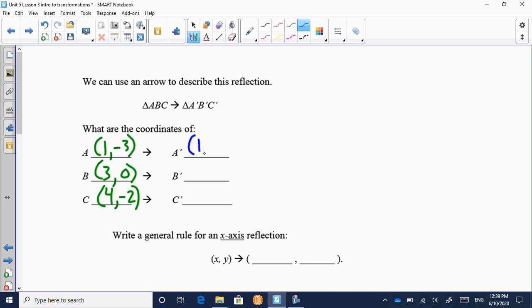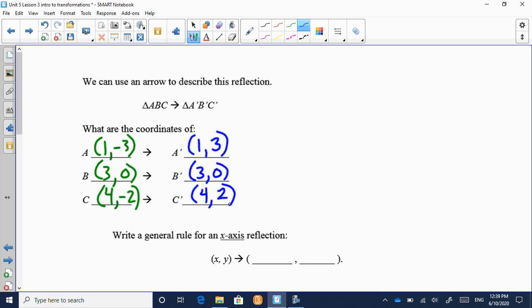It stays along the same x value, but look what happens. The y becomes +3. For B prime, it doesn't change, and for C, the x stays the same, but the y becomes +2.